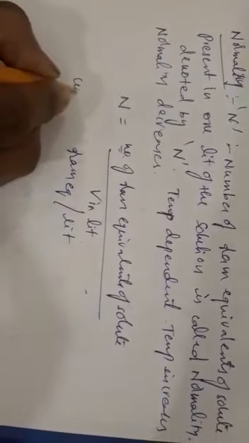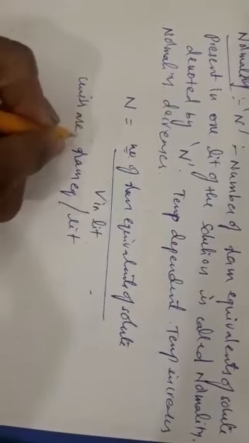So the units for normality are gram equivalents per liter. Normality is expressed in gram equivalents per liter.